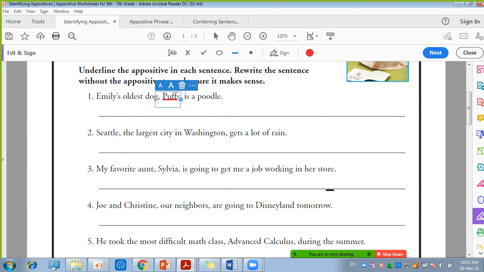Now where is the appositive here in the second example? Seattle, the largest city in Washington, gets a lot of rain. The largest city in Washington, this is the non-essential.